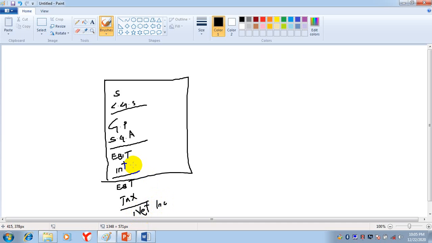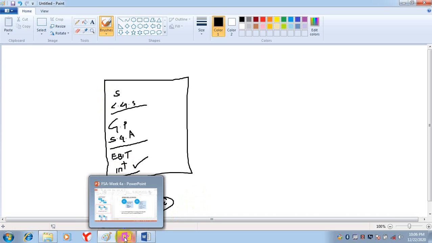Now see, this interest payment and these taxes will determine our net income. That's why we include these two items in operating activities. So anything that will determine your net income will come in operating activity.